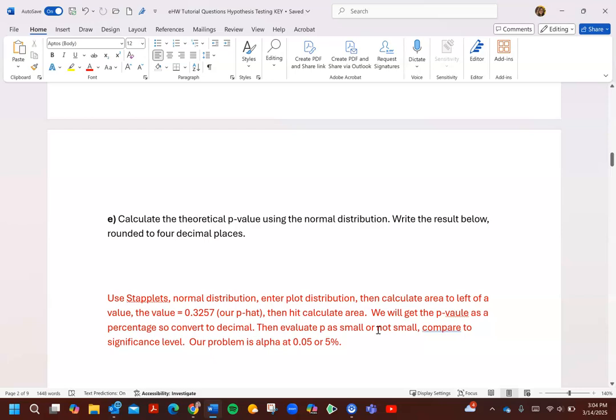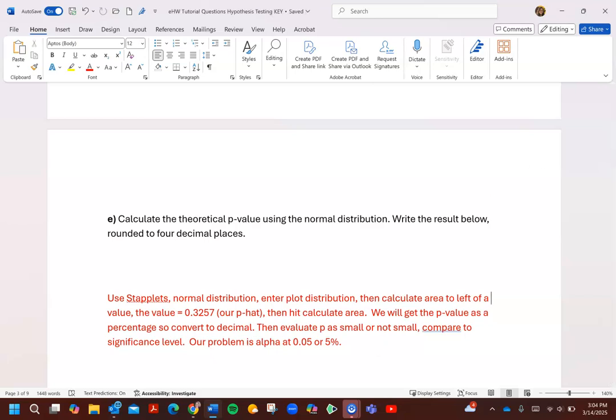We enter plot distribution, then calculate the area to the left of the value. That value is our p hat, 0.3257. Then I hit calculate area. We'll get the p-value, and I'll show you how to do all this here in Staplet. And then we convert to decimal. You can leave it as a percent and just compare to 5% if you want as well.